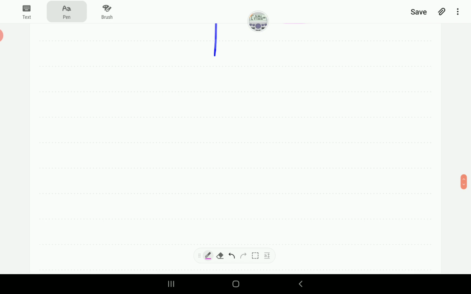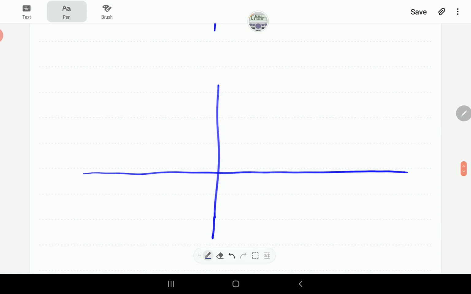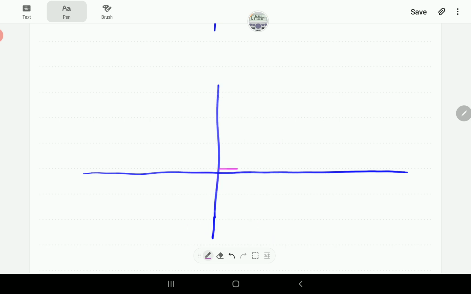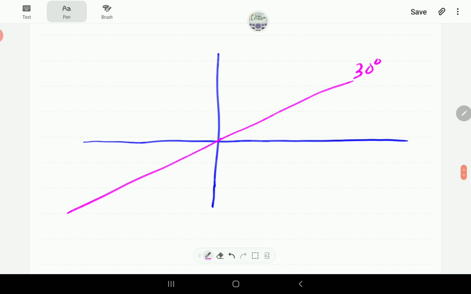So let's do some numbers. I'm going to do a diagram with angles with the same reference angle, one in each quadrant. If this is 30, then if I extend this, that is going to be 210.